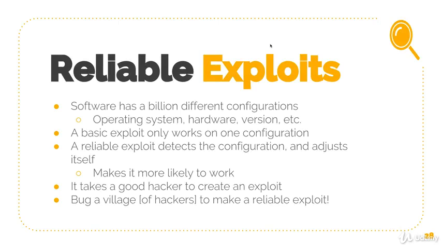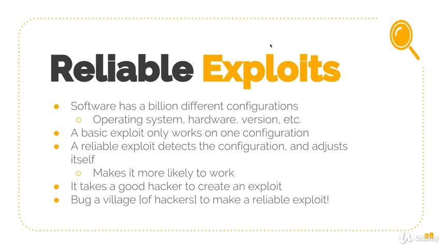That's where reliable exploits come in. Software has a billion different configurations. Operating system, hardware, version, etc. Each software runs in a million different settings and million different configurations. A basic exploit like the one that we just saw only works on one configuration.